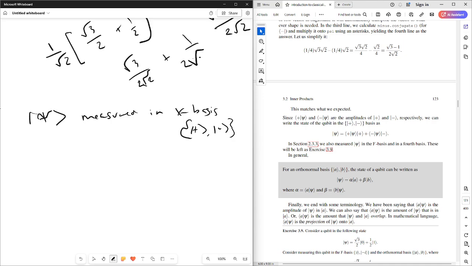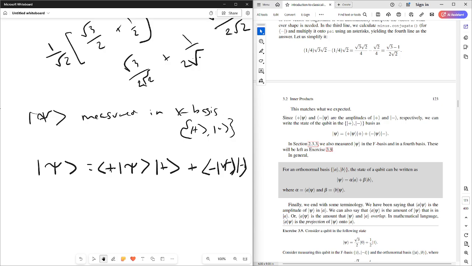If we want to write that now, we know that it's this amplitude here, the inner product of the plus state and the psi state, multiplied by the state plus, plus the inner product of the minus state and psi, multiplied by the minus state.